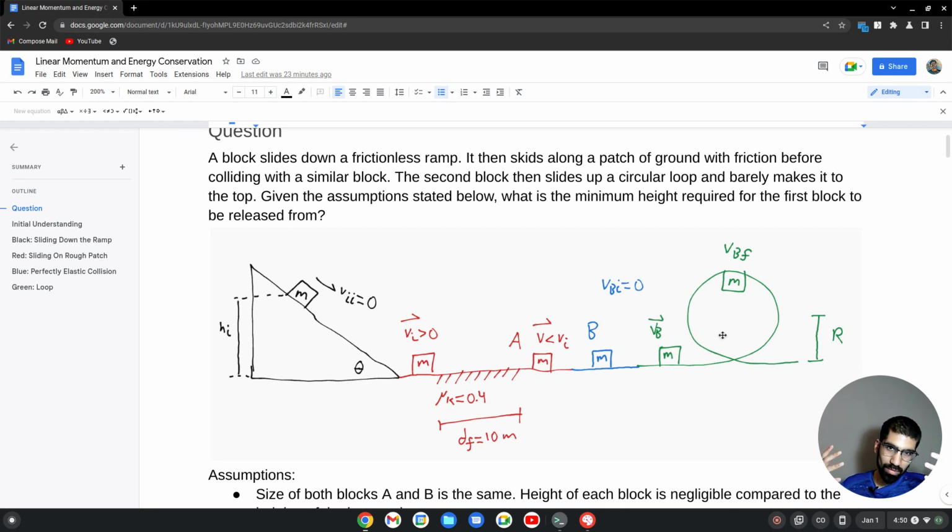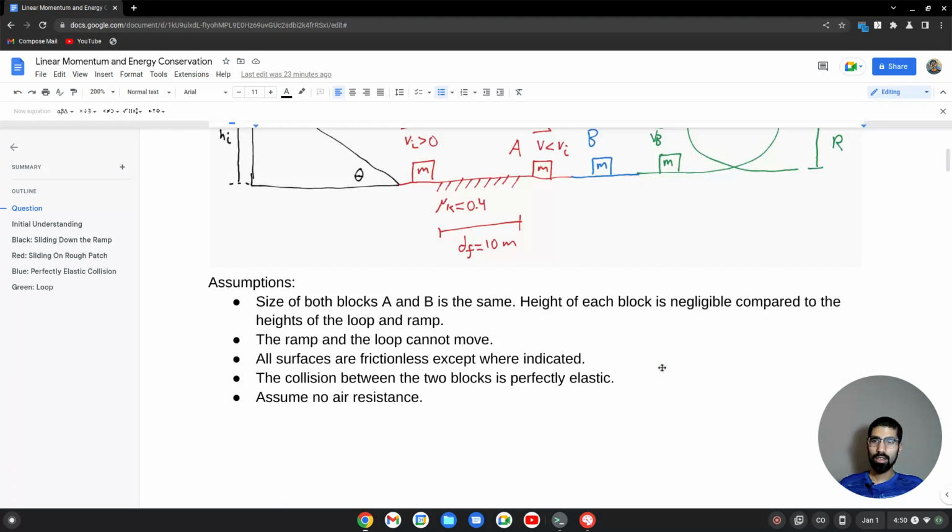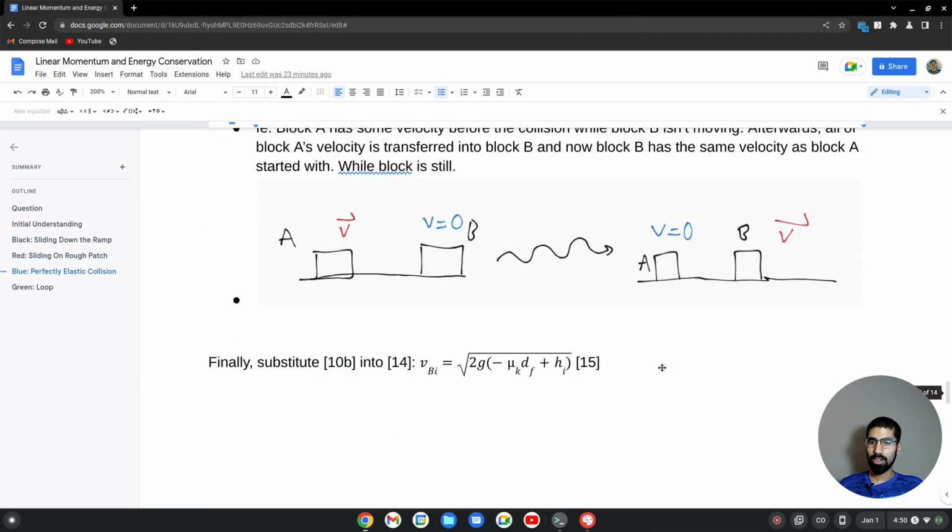The kinetic energy in particular: it's going to gain gravitational potential energy and lose kinetic energy because it's going up a hill. So let's go to this last part.